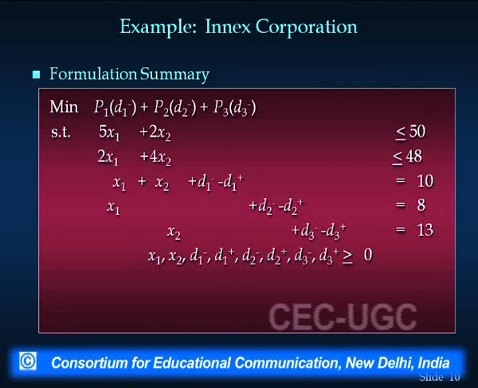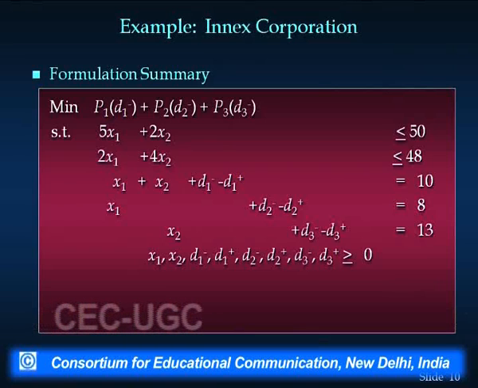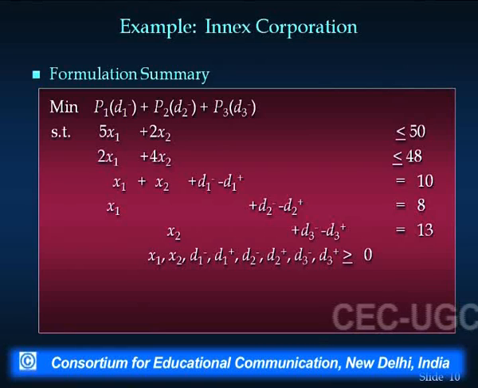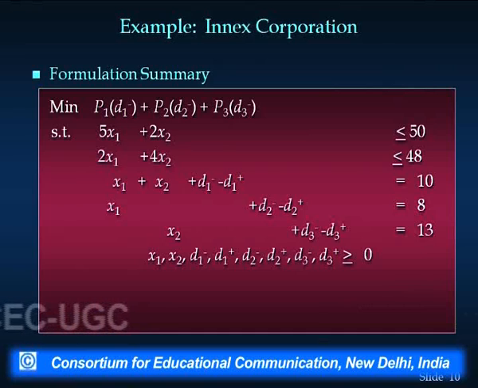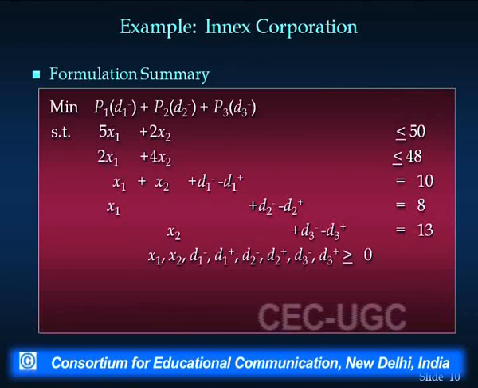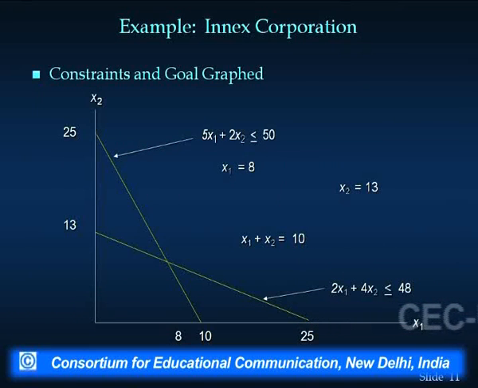I don't think the viewers have any problem in making the formulation for a goal programming problem. This has been clearly explained, and now I think most of the viewers will be able to form any goal programming problem given to them. Now we will have a solution to these problems.